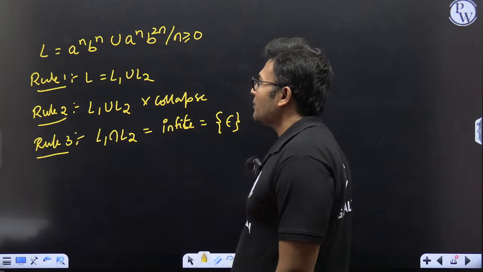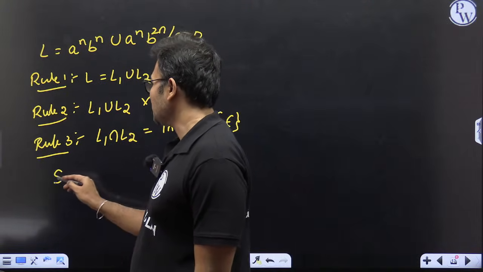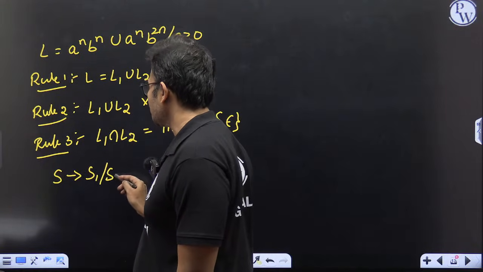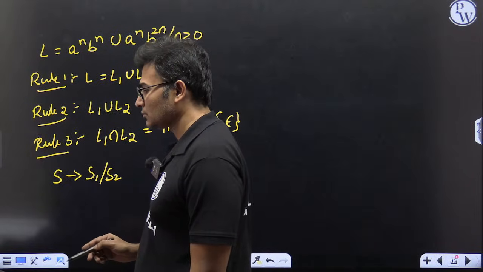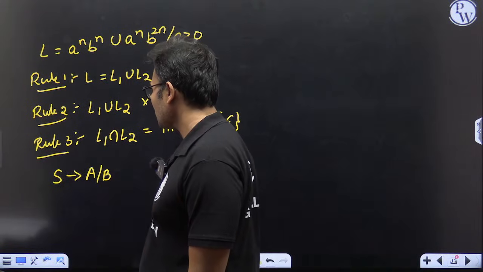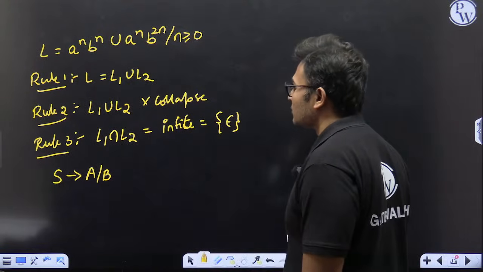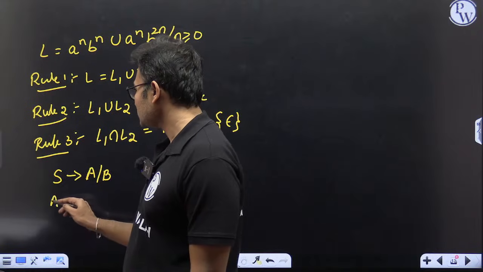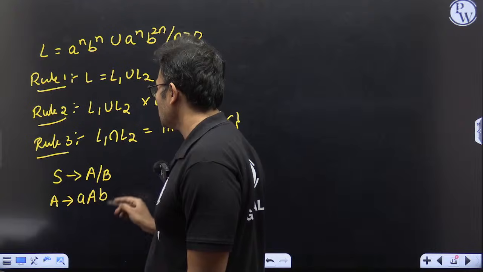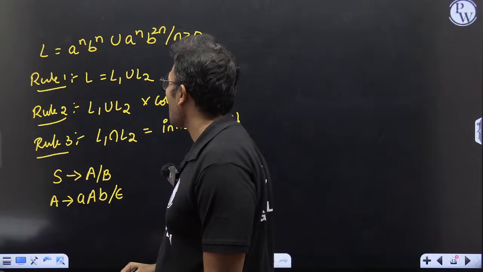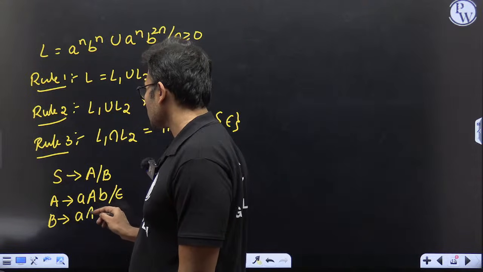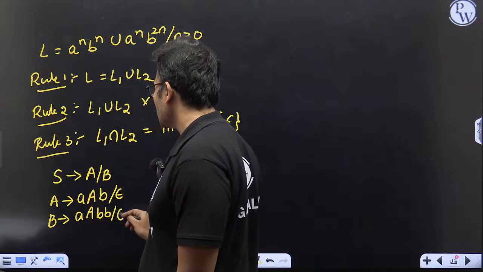Now if I write the grammar for this, I can write it like this. S derives S1 or S2. Let us say A or B. A derives AAB or epsilon. B derives AABB or epsilon.